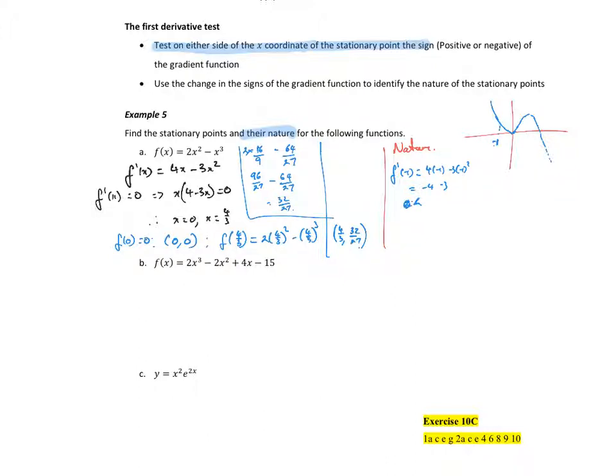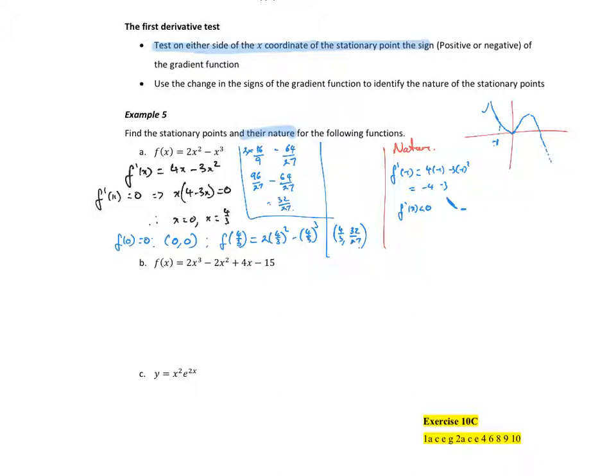So f dash of x is less than 0. So we've got a negative gradient at that point, and we know it's a zero gradient at x equal to 0.